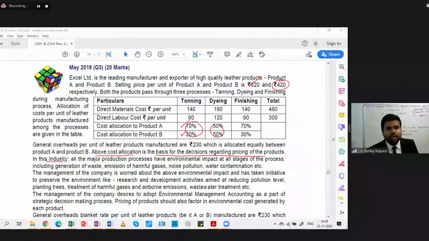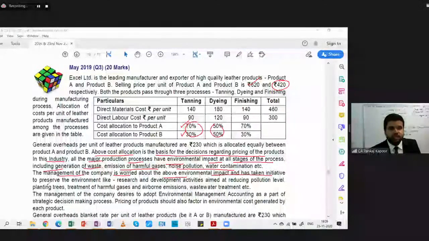Moving further. In this industry, all the major product processes have environmental impact at all the stages of the processes, including the generation of waste, emission of harmful gases, noise pollution, etc. The management of the company is worried about the above environmental impact and has taken initiatives for preservation of the environment, like research and development activity aimed at reducing the pollution level.